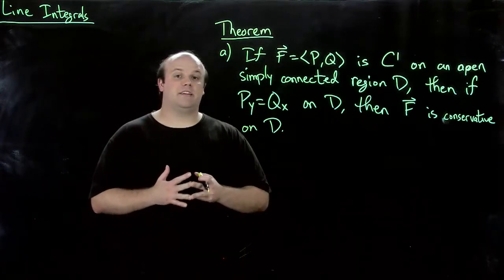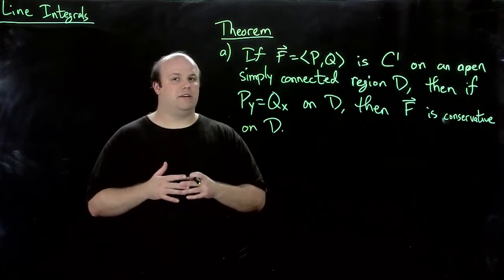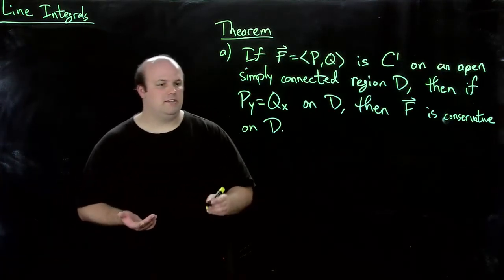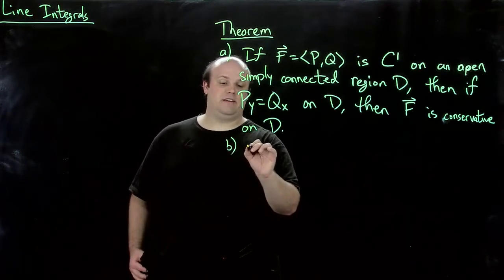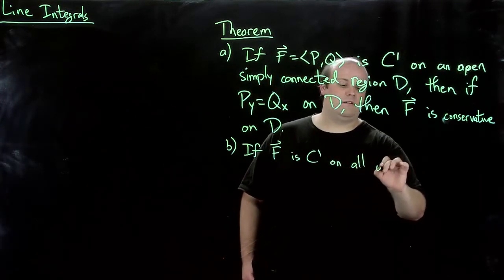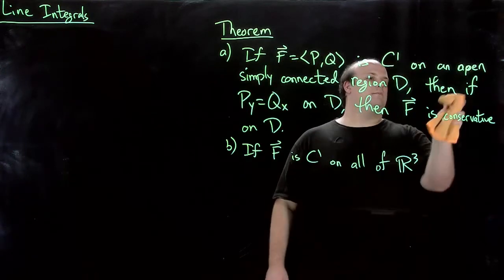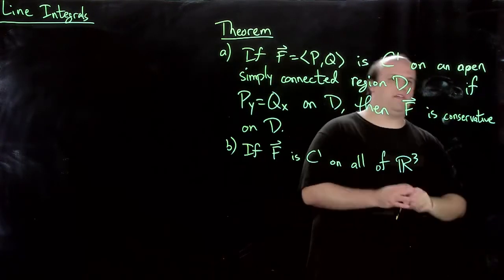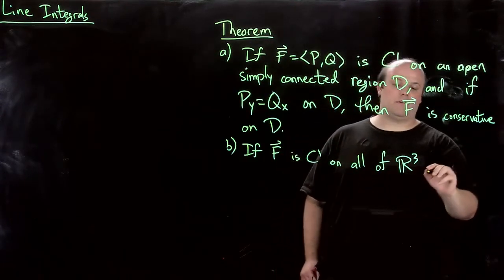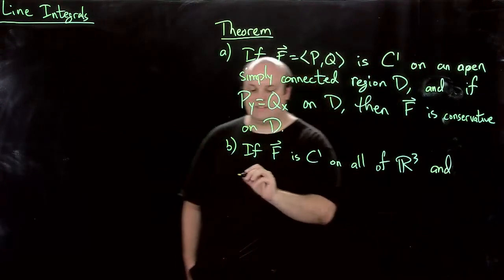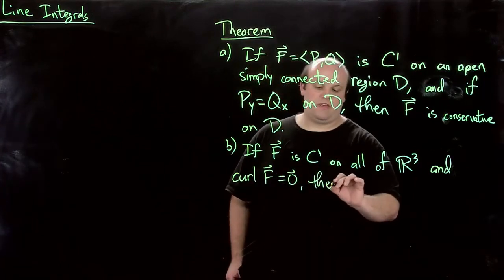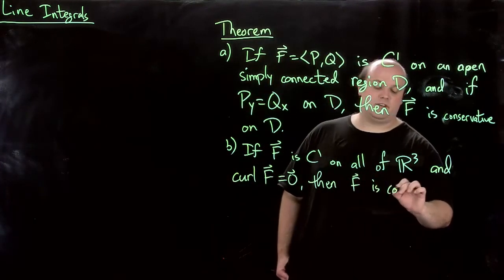The 3D case, if you want the full general one, is quite a bit more challenging than this. But for our purposes here, we'll just say if F is C1 on all of R3, and its curl is 0, then F is conservative.